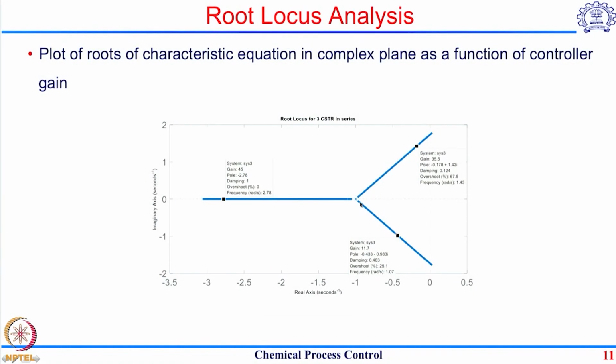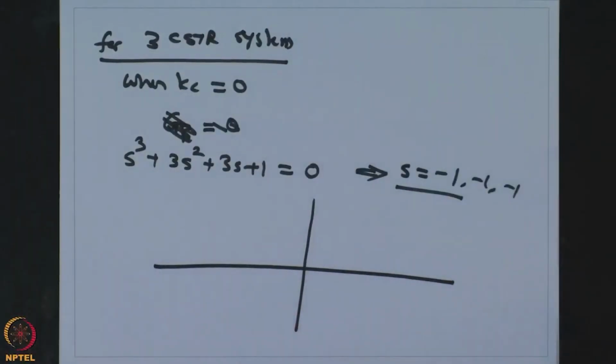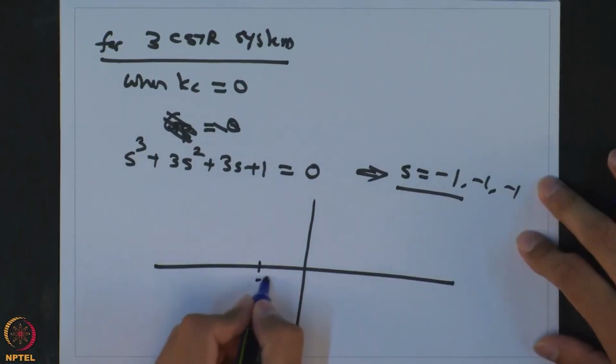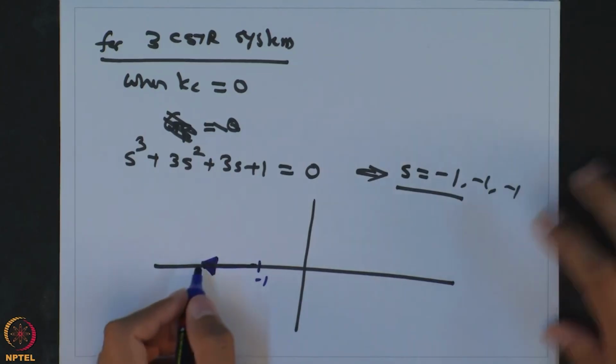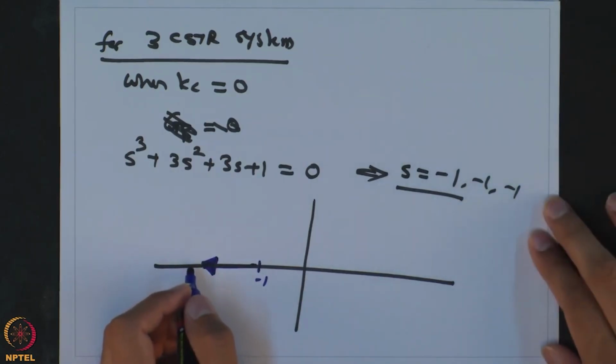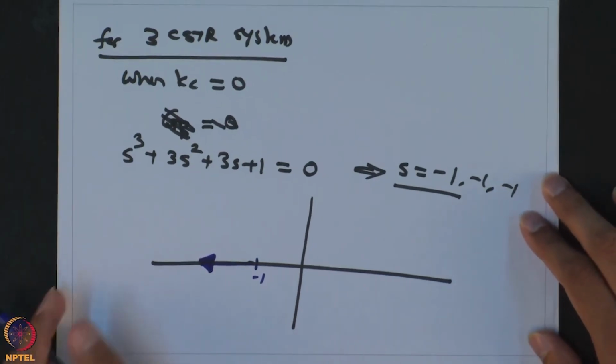You can see that as the Kc value, the controller gain, increases, one of the roots moves along the real axis towards negative infinity. So, it is never going to cross the imaginary axis and will never go into the right half plane.